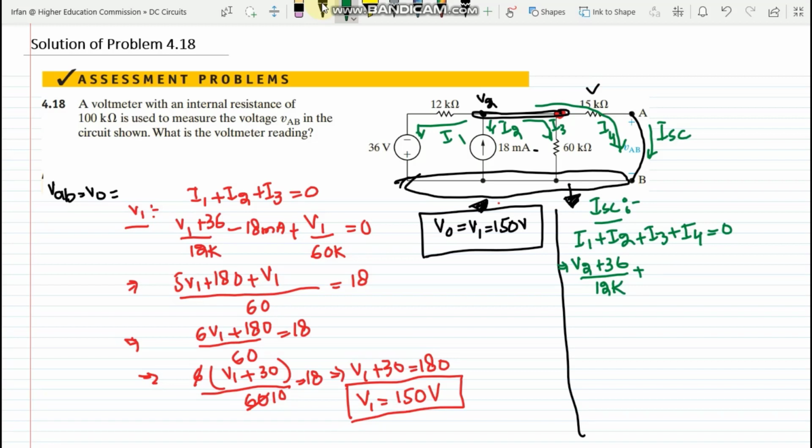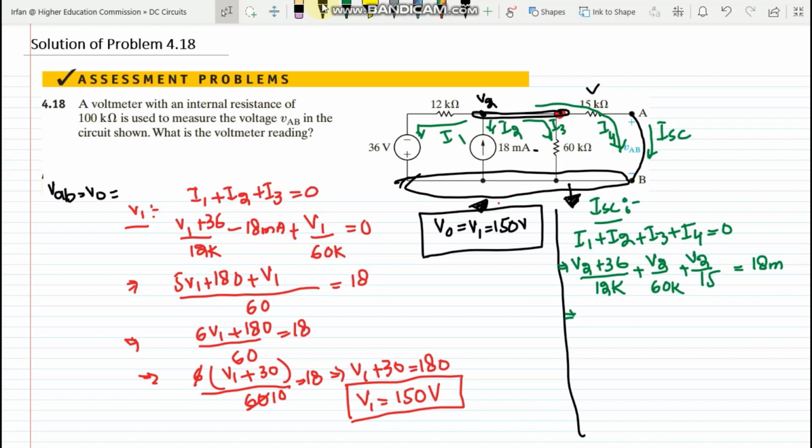I will move it directly to the other side because it is in the opposite direction to that of I2. So it will be 18 milli. Similarly, the value of I3 is V2 divided by 60k. Similarly, it would be V2 divided by 15k. Okay, so now this is my equation.